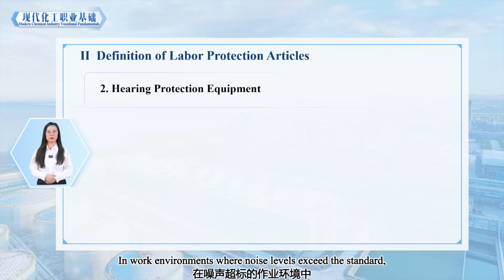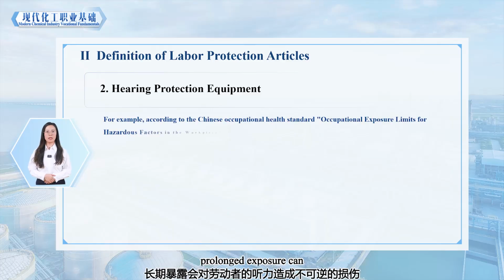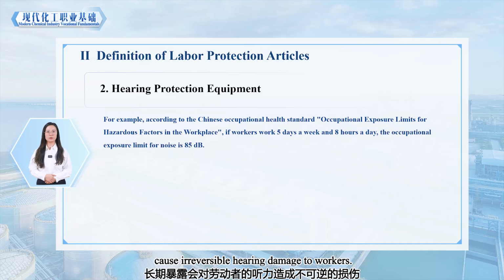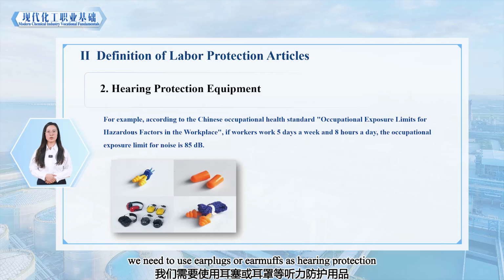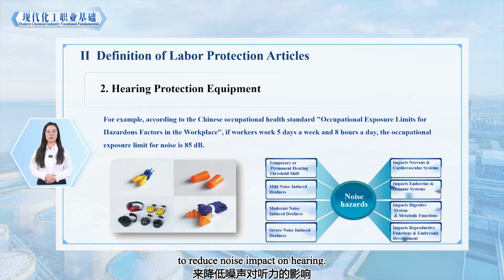In work environments where noise levels exceed the standard, prolonged exposure can cause irreversible hearing damage to workers. Therefore, we need to use earplugs or earmuffs as hearing protection to reduce noise impact on hearing.